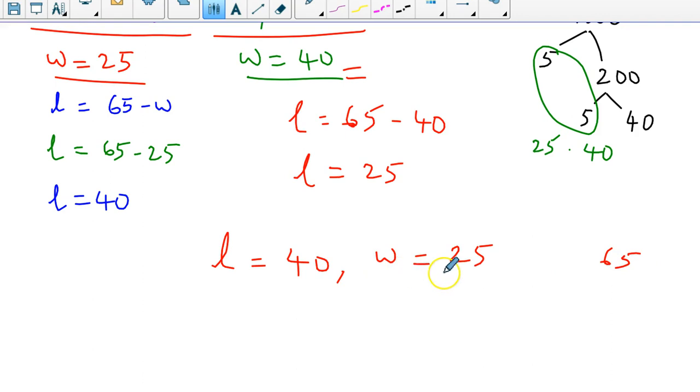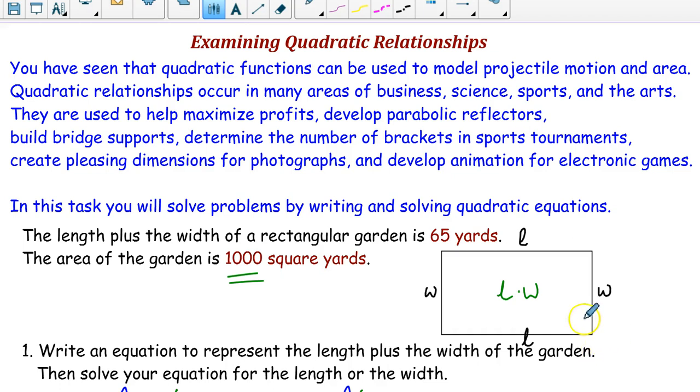And the product of those two, length times width, that is 40 times 25, the area is equal to 1000 square yards. So everything is satisfied. This is how you can solve a problem dealing with the length and width of a given rectangle by making use of this quadratic equation.